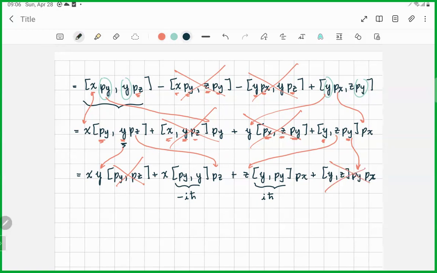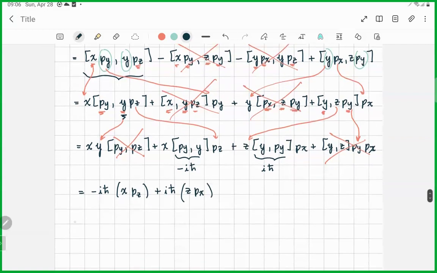So let's see what survived in this story. We have minus iħ of X with PZ, and we have plus iħ of Z with PX.